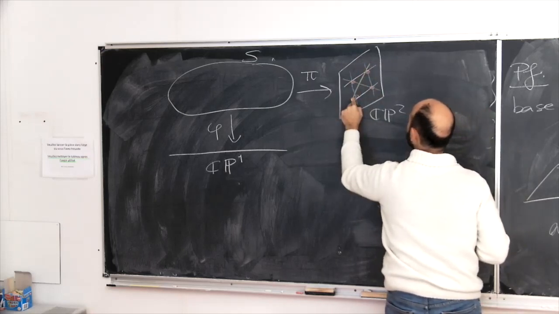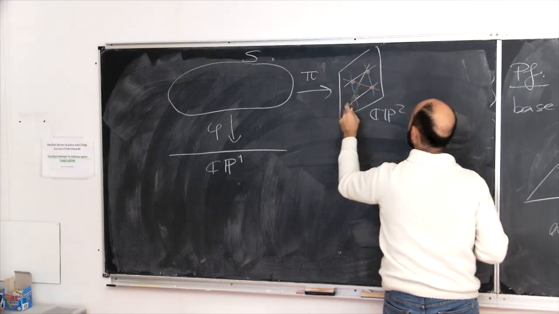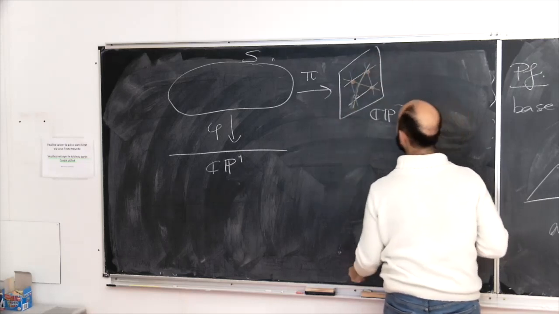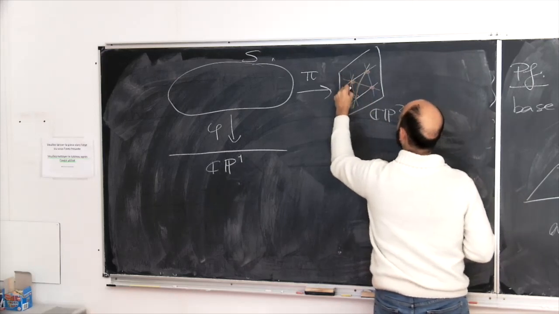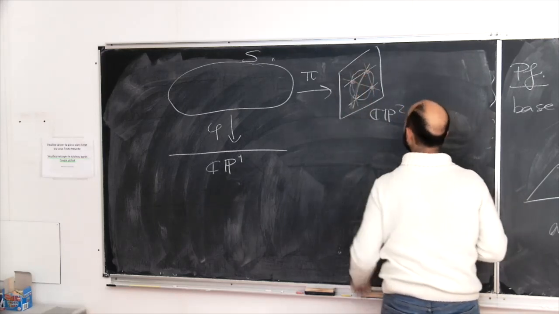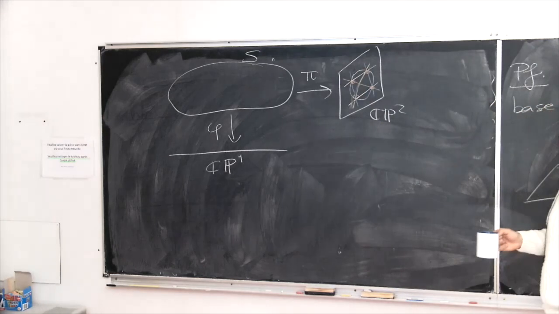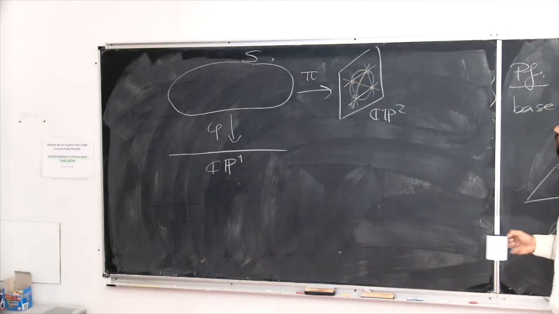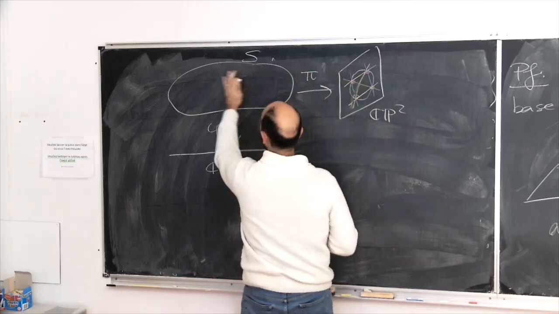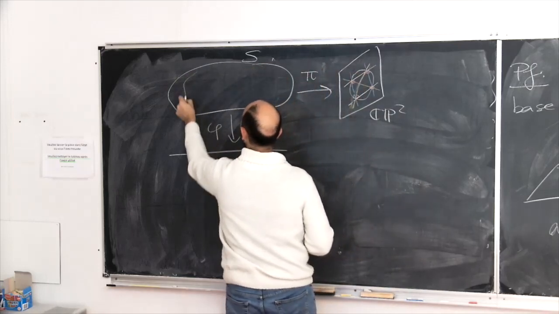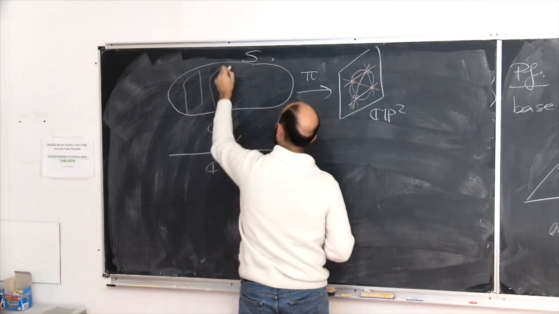These should really go through the points. Okay, and then you also have some smooth fibers. Actually, most members of the pencil will be smooth. So these different members of the pencil will be separated as fibers of this map phi.